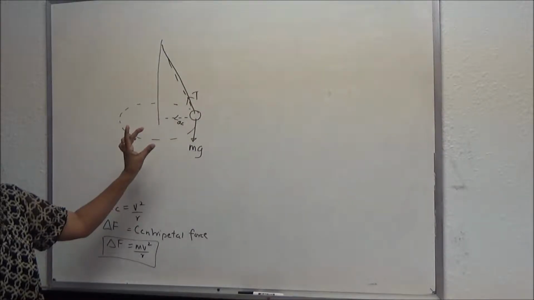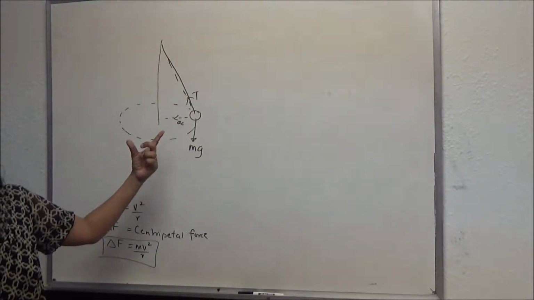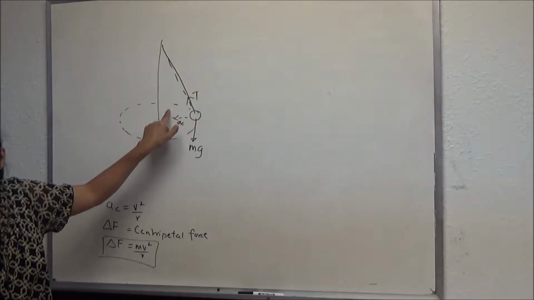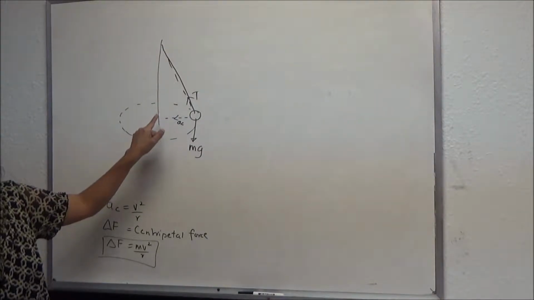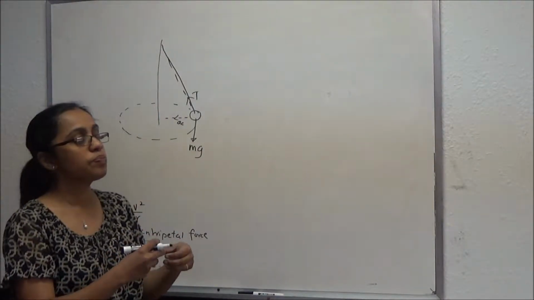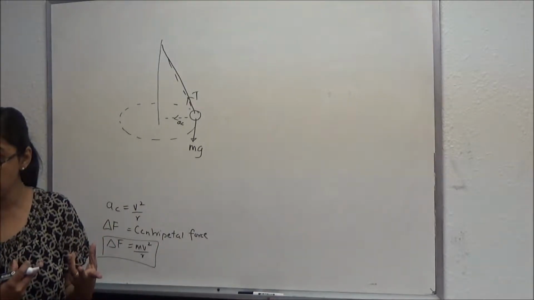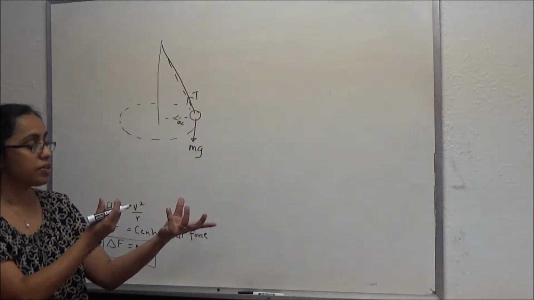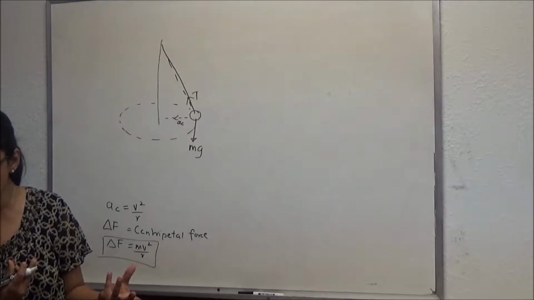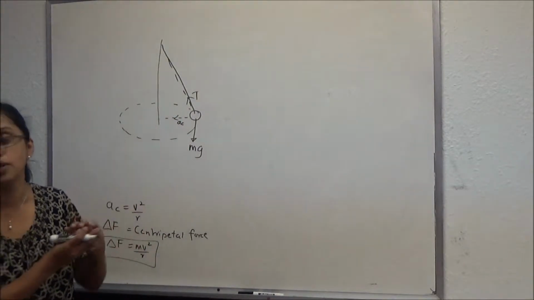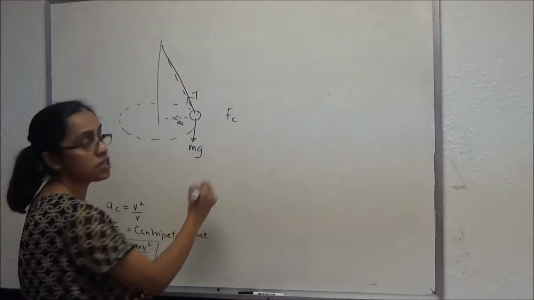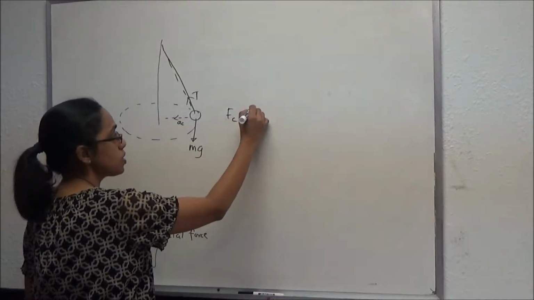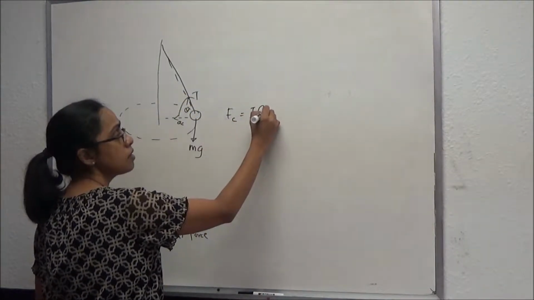By an existing force. By T. So the force which is responsible for the centripetal acceleration is the tension. So the centripetal force equals T, if this angle is theta, T cos theta.